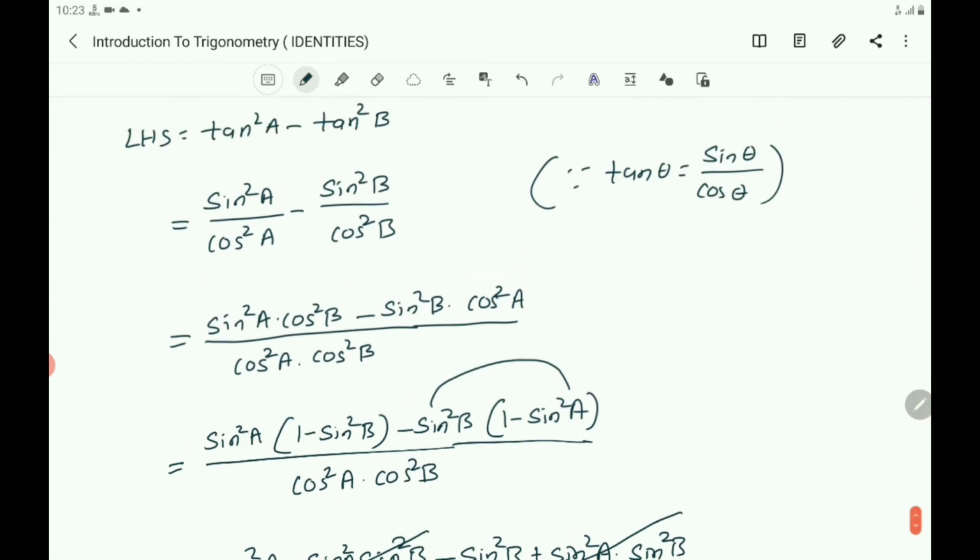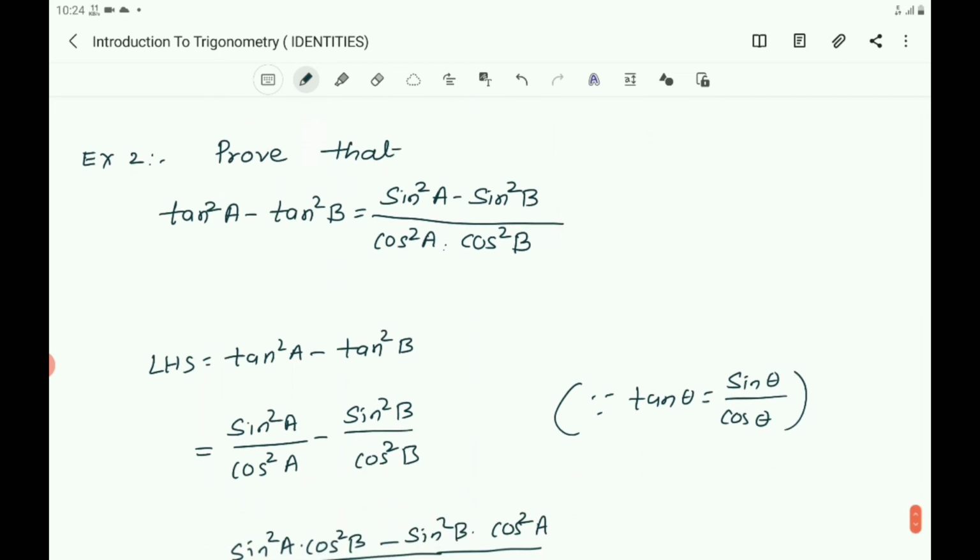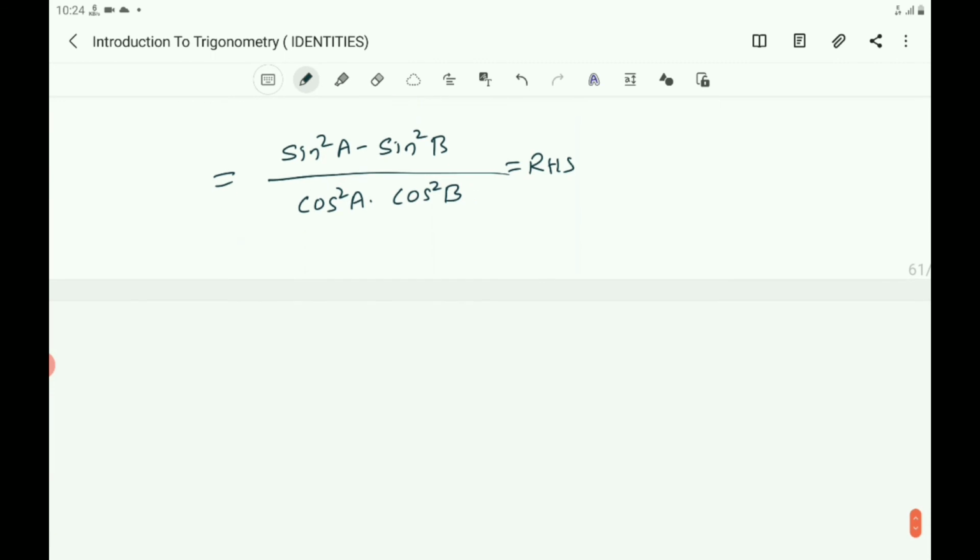So what was the question here? Prove that tan square A minus tan square B equals sin square A minus sin square B by cos square A into cos square B. So you got the proof here.